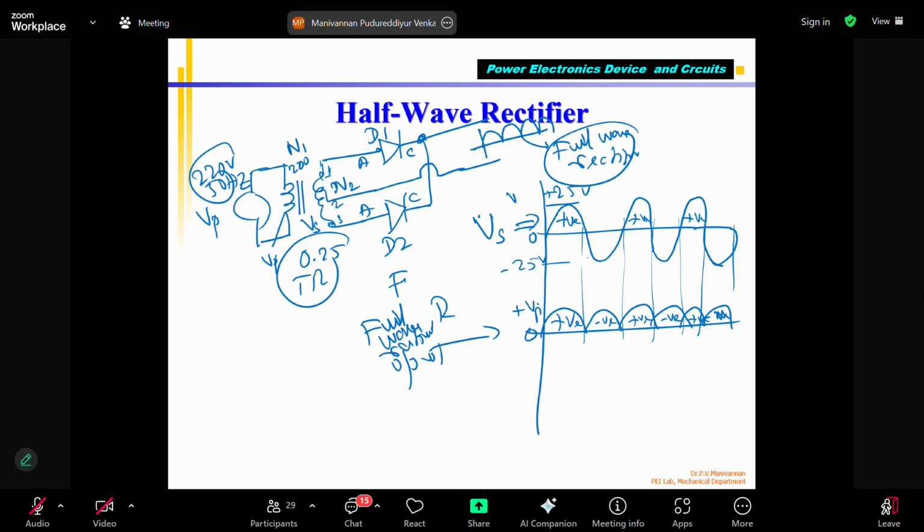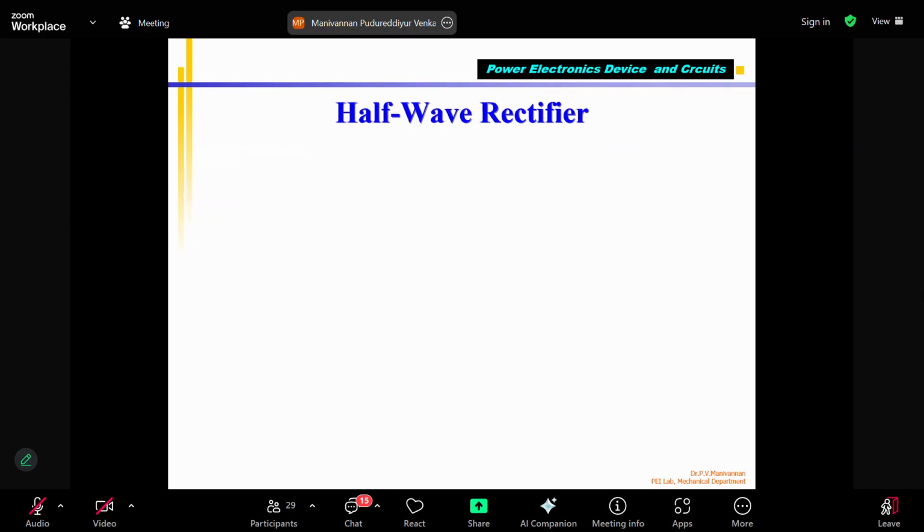Now that we understood the two types, half wave rectifier and full wave rectifier, please take the diagram. In the exam, sometimes you are asked to draw the half wave or full wave rectifier and do some calculation, which you can find out. So for the next thing, if I am supplying some input voltage to a half wave rectifier, let us take the half wave rectifier itself. Take the circuit.